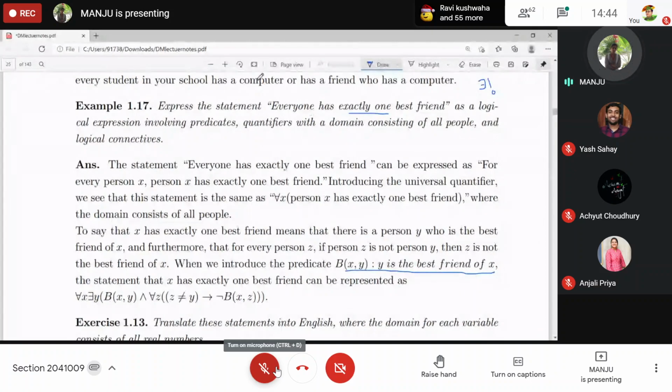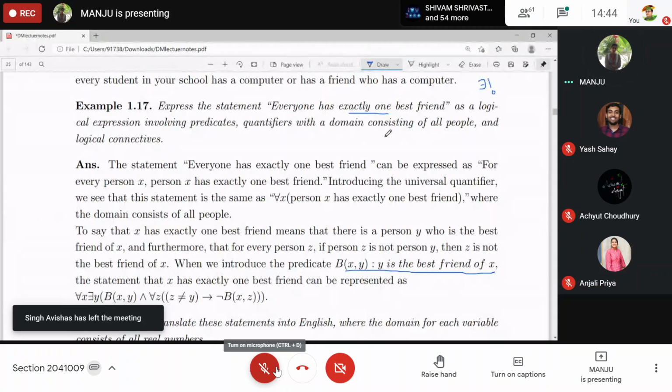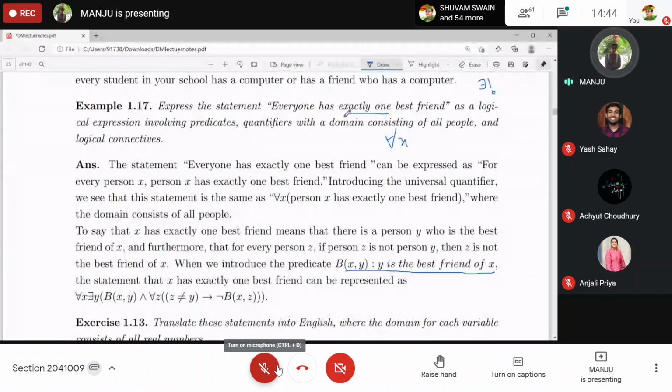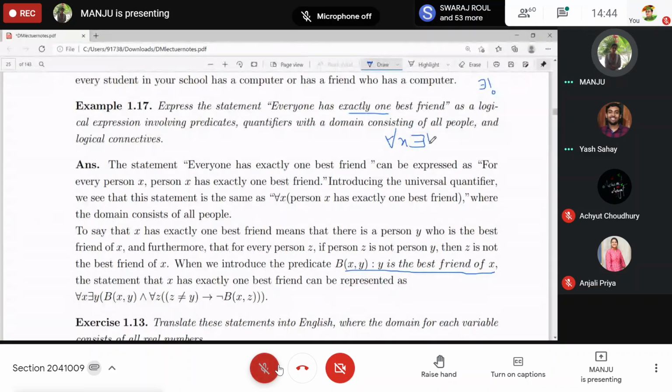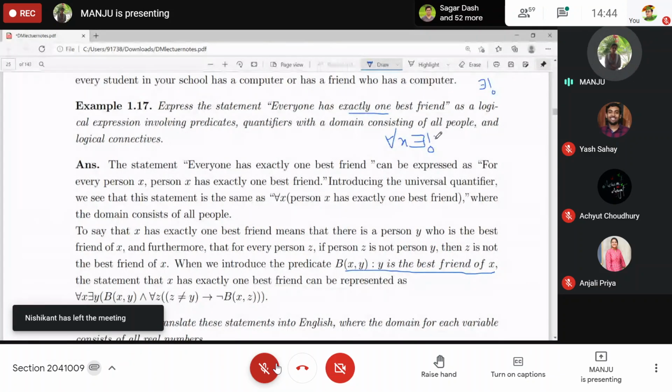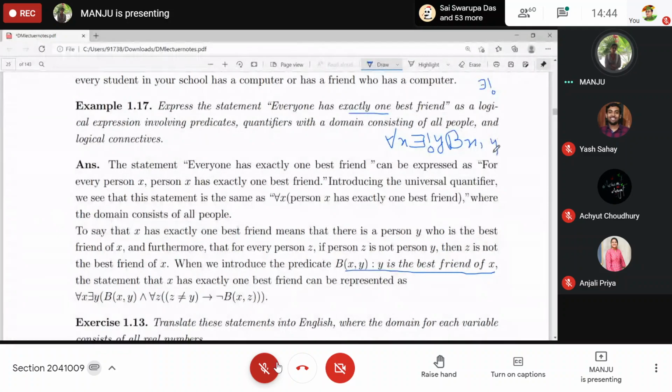Everyone, you are talking about this everyone x, so for all x, there exists exactly one best friend. So there exists unique y. If you take there exists y, then it will be there exists at least one. So unique y such that B(x,y). So this is one logical expression translation.